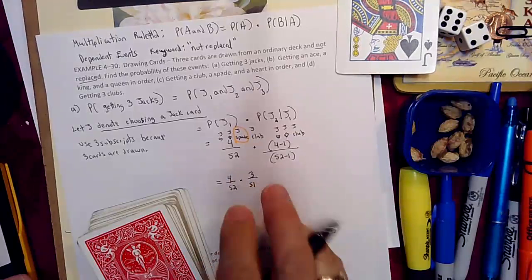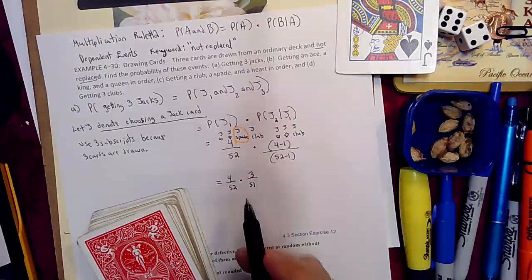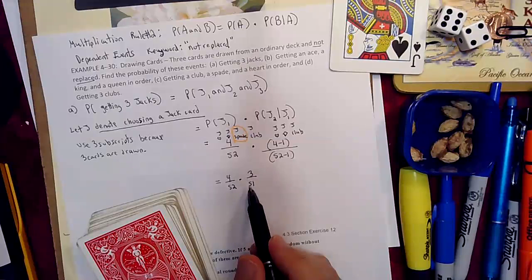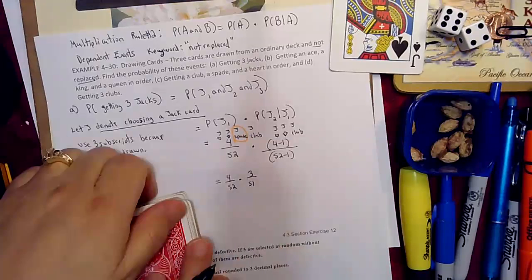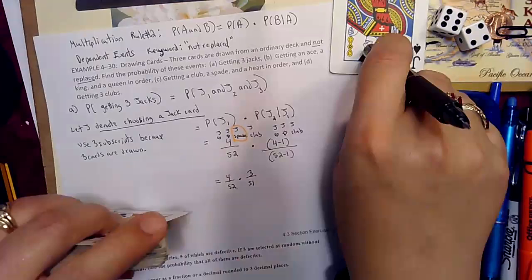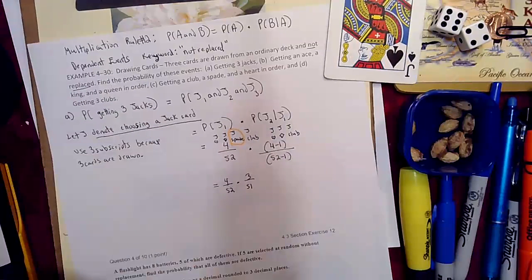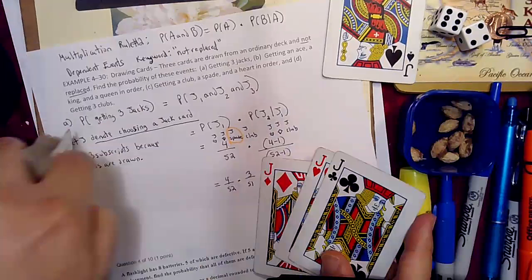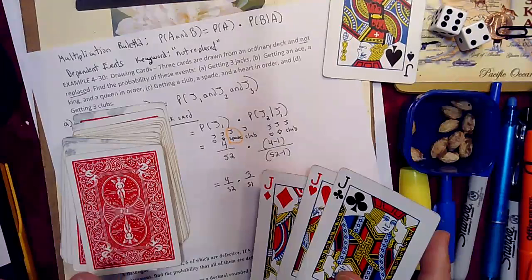So you don't have 52 cards now, you have 51, because this one wasn't being replaced, and you have 3 jacks that could possibly be picked.